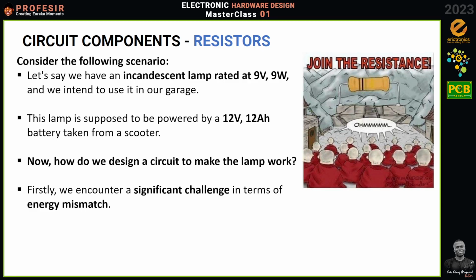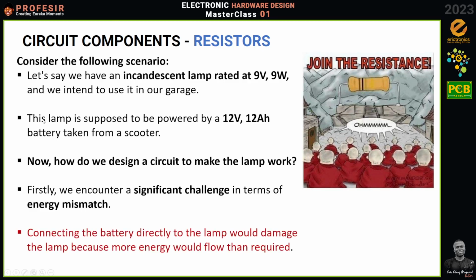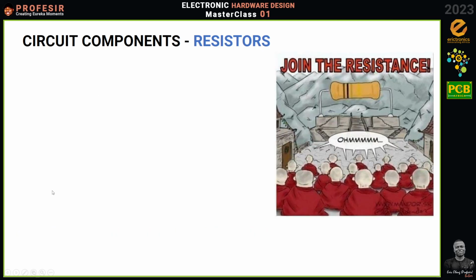By energy mismatch, I mean the amount of voltage that our lamp requires is actually less than what the power source is giving us. That means that the moment we hook this directly, it's going to burn our lamp, and we don't want that to happen.